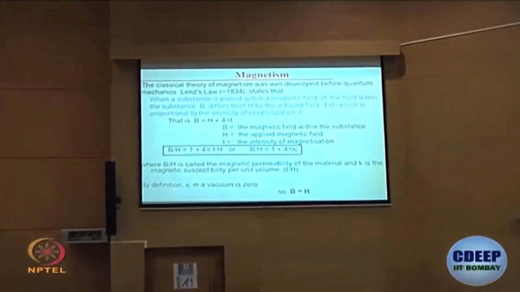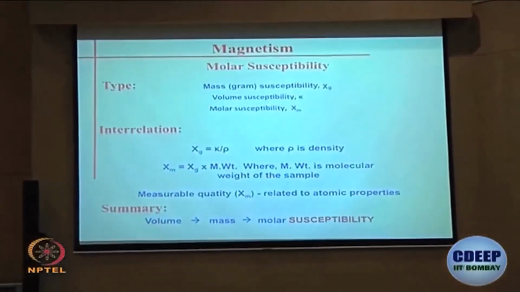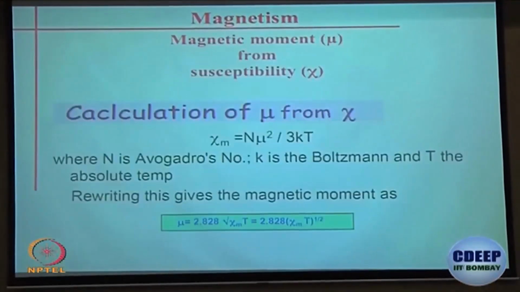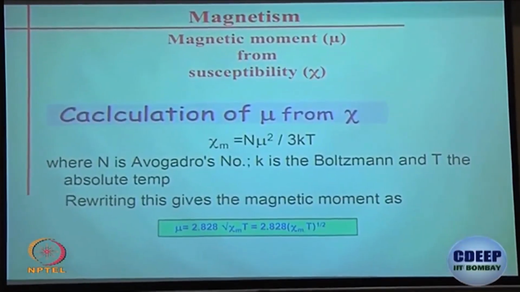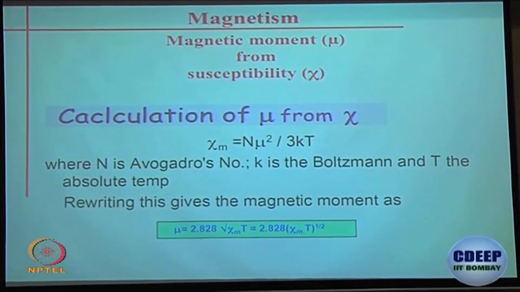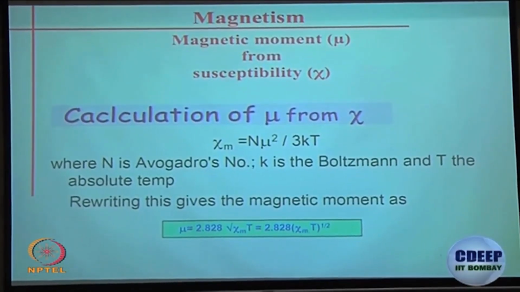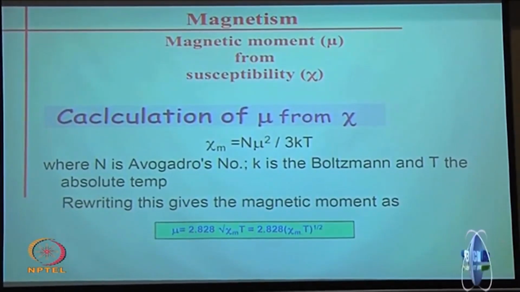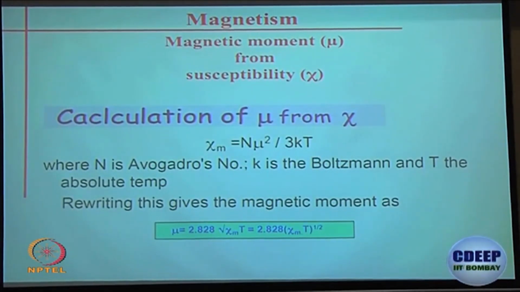I'll go to another equation: the susceptibility and the magnetic moment. The susceptibility is related to the magnetic moment, and these are the two terms we are interested in.